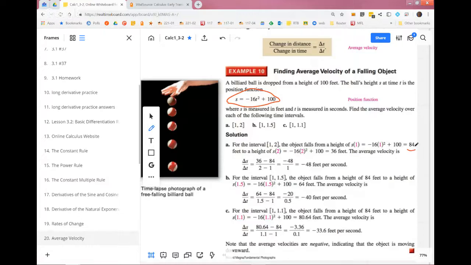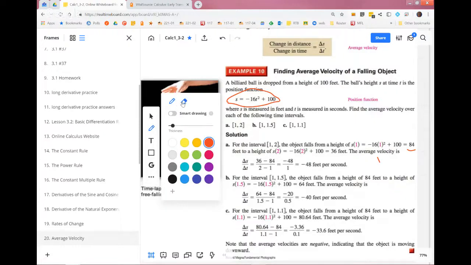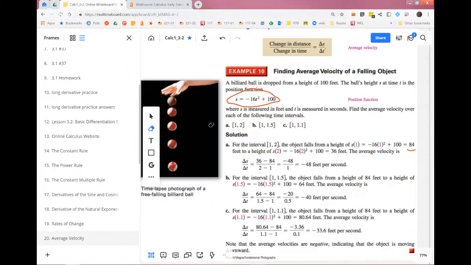Remember, it was dropped from 100. Okay, so we have the point, basically 1 comma... I got to get my pen working again. This mouse just doesn't do it. Hang on. Let's go back here, erase that mark I just made, and grab the pen. My pen needs to be awakened.